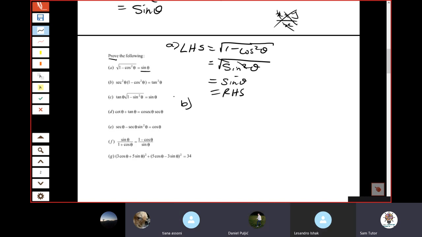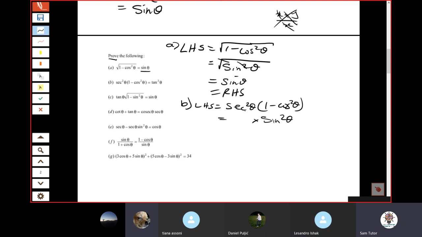Brad, you ready for the next one, please? For B, yep, the left-hand side becomes sec squared theta, open bracket, 1 minus cos squared theta. All right, we'll start with the 1 minus cos squared because I think we all know the answer. What's 1 minus cos squared become? Sine squared theta. Sine squared theta times sec squared.